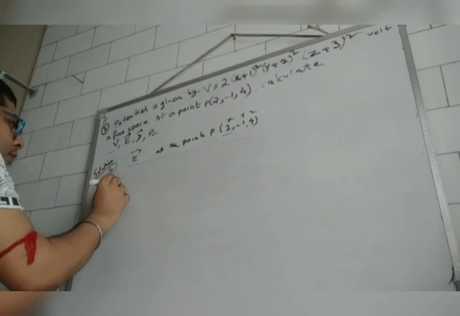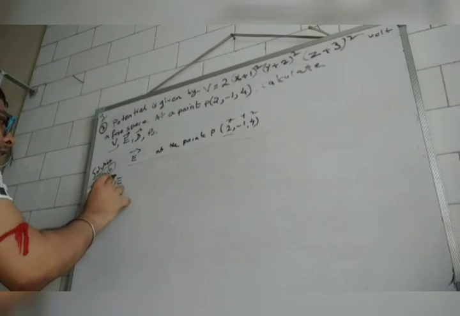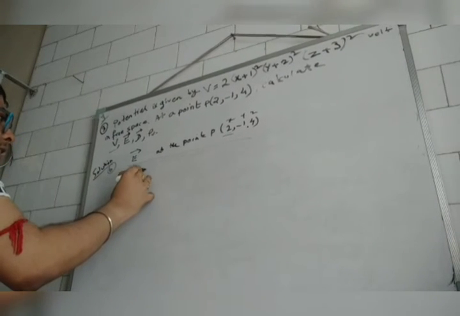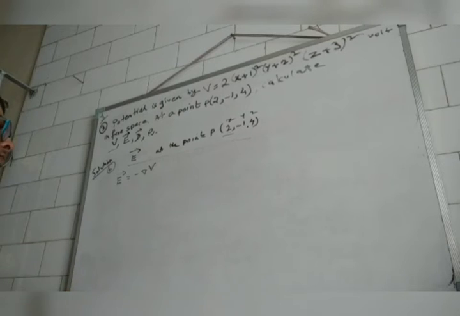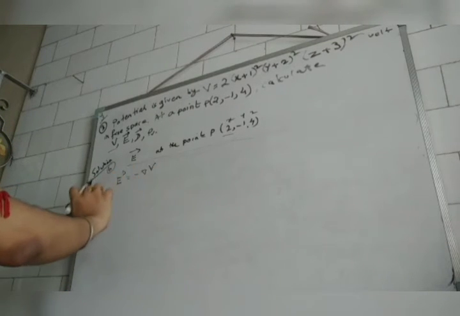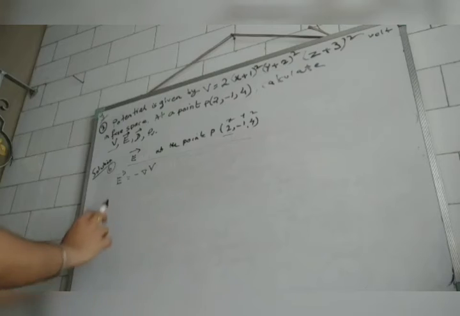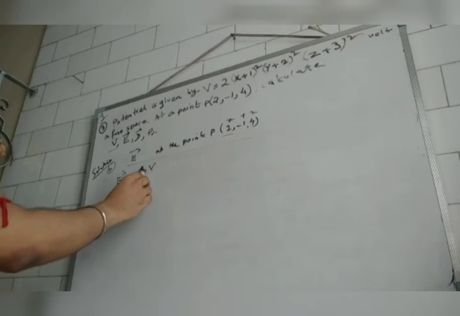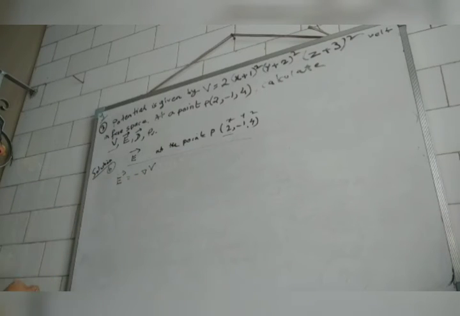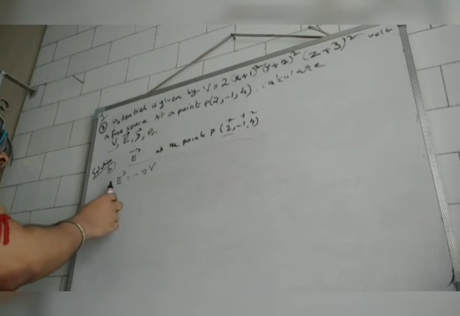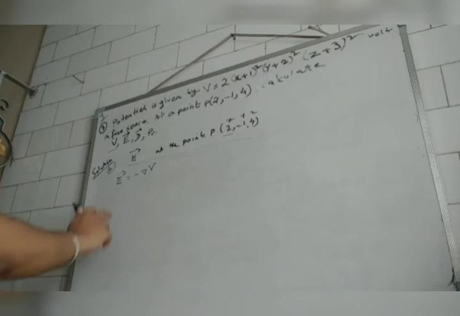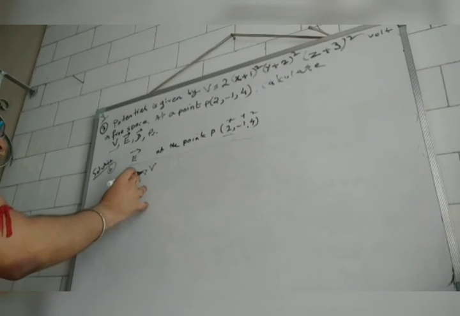First of all, what is the formula for E in terms of potential? E is equal to minus del V. Remember, V is a scalar function, so I haven't given any vector sign here. E is of course a vector. Here this del operator has unit vectors, so from there we will be getting a vector. So this is basically minus del V.